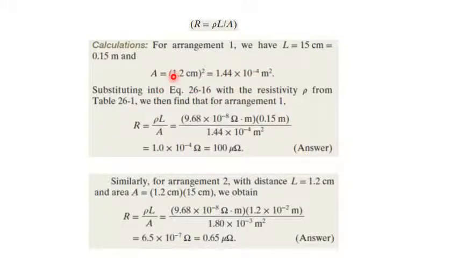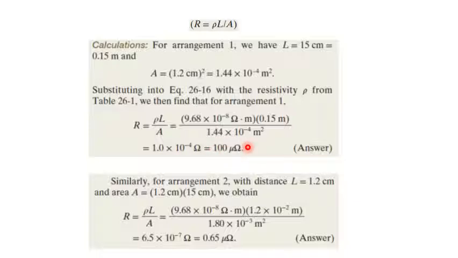And the length is 15 centimeters. Assuming the resistivity of iron is 9.68 multiplied by 10 to the power minus 8, rho multiplied by L over A, the resistance here would be 100 micro ohm.